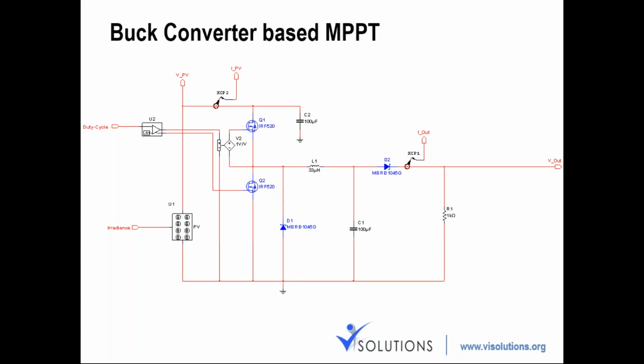One such implementation for MPPT is that there should be a power electronic circuit in between, to convert the power from the renewable energy source to something which can charge the battery. That circuit could be a DC-DC converter, mostly, if it's a DC based renewable energy source, or it's going to be an AC to DC converter if it's an AC based renewable energy source like a wind turbine.